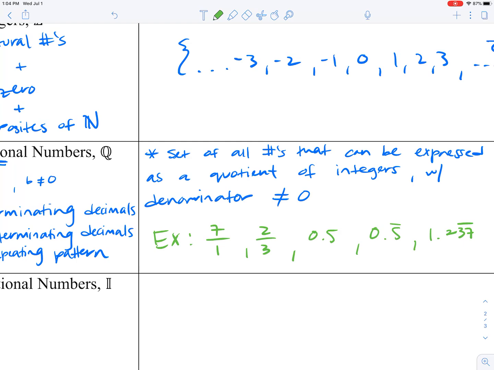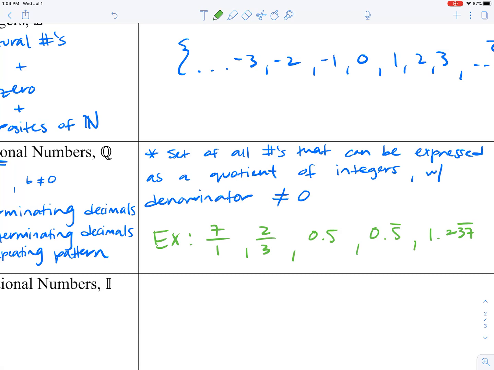Or like 1.237, where the 37 is repeating forever, so I put the line over the 37. So numbers that can be written as fractions with integer numerators and denominators, terminating decimals, and non-terminating decimals that have a repeating pattern are all rational numbers.